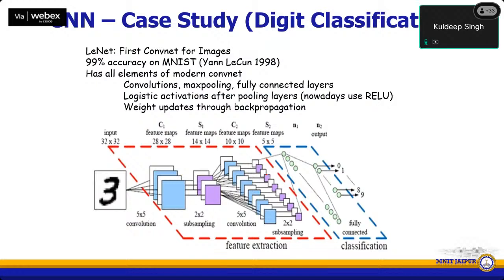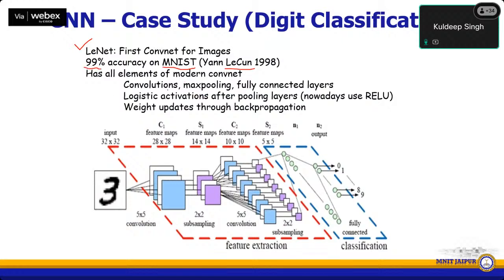Now, this is again the example of digit classification. You can see here the image of a digit passed through different types of layers, the convolution layer and the pooling layer. As I was telling you, LeNet was one of the first convolutional neural networks for images, and it was applied on the MNIST dataset by LeCun in 1998, and it yielded 99% accuracy.